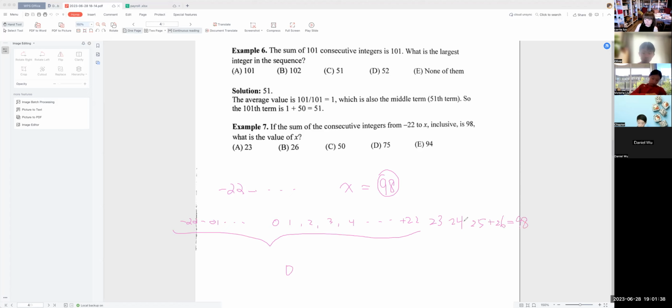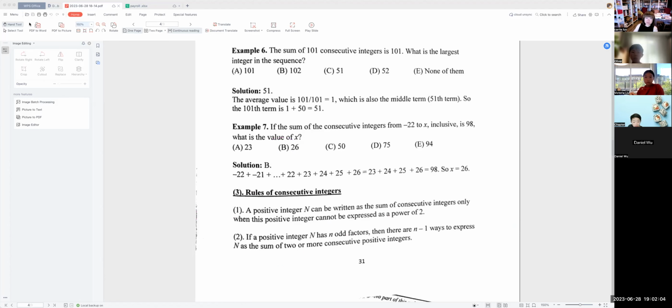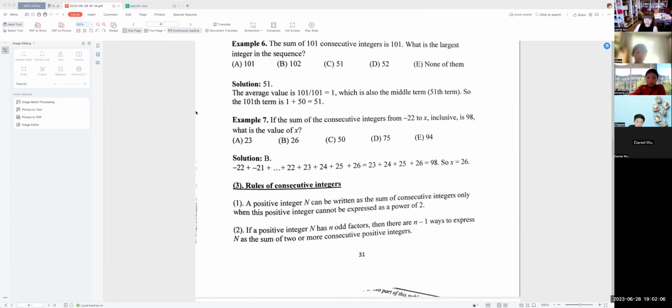Equals 98. Get it? So everybody, this is from negative 22 all the way to 26. So that's why the answer is B. Understand? Understand, Chapter? Because 一个 negative 22要和一个 positive 22放在一起，它就变成0了。所以 all the way here 全都是等于0。Okay, when you have negative numbers, this is very important, you think about it that way, okay?